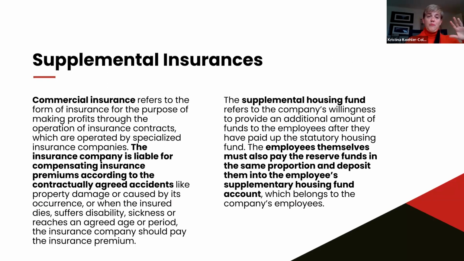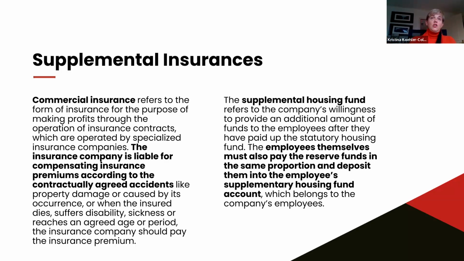Supplemental insurances come from commercial insurances and supplemental housing fund insurances. These are voluntary, completely up to you if you want to pay them. I just want to highlight, you cannot choose for which individuals you want to pay them to. If you choose to provide supplemental insurances, you are providing them to your entire company, to all the employees that you are employing within your company.